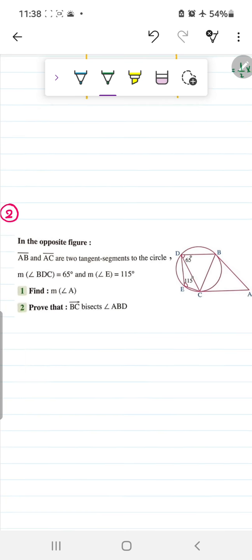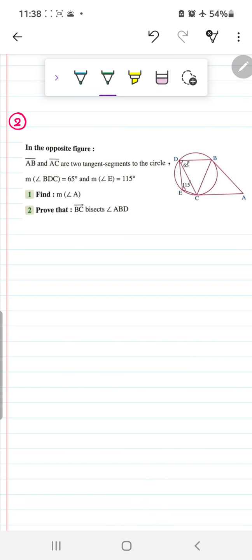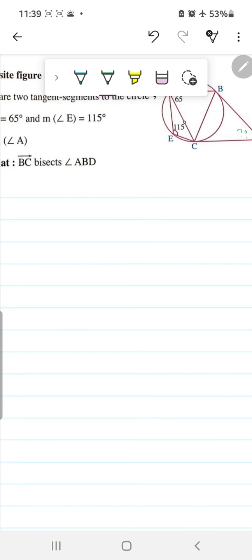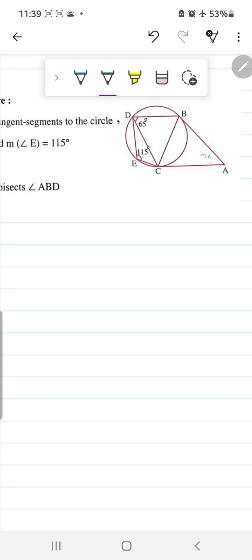Okay, the second example, we have here AB and AC are two tangents, and measure of angle BDC is 65, measure of angle E is 115. We want to get measure of angle A. First, we have here, as we said, AC is a tangent.